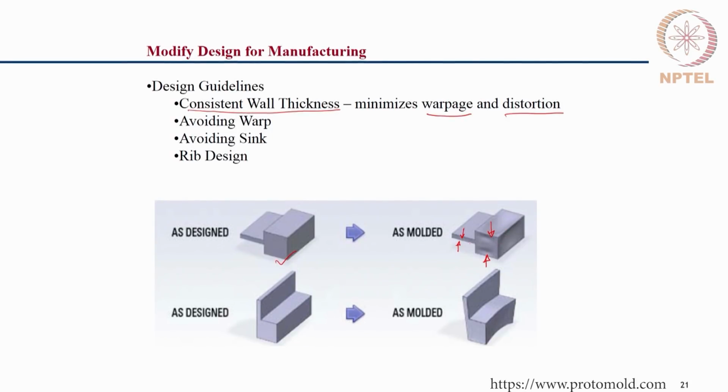We can see the sink marks here and the warpage. This is supposed to be a straight surface, instead it has warped. By proper rib design and by either having constant wall thickness or gradually changing the wall thickness, warping and sink marks can be avoided.